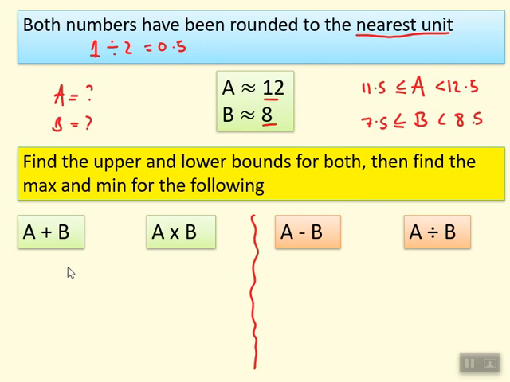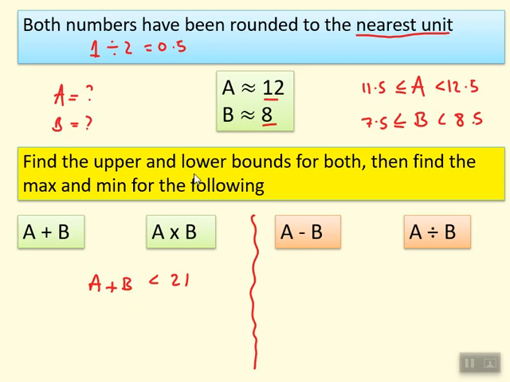Now, it's really common sense if you think about it. What's the largest value you could get for A and B if you add them together? Well, you would just add the upper bounds together, right? So you take 12.5 and you add 8.5 to it, and you would get 21. So this would be the upper bound for A and B, if you think about it.